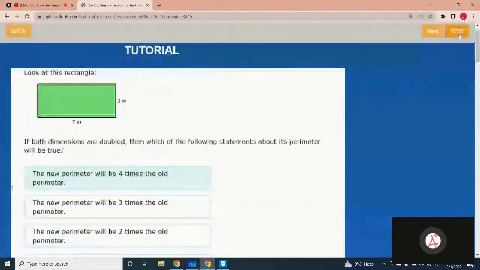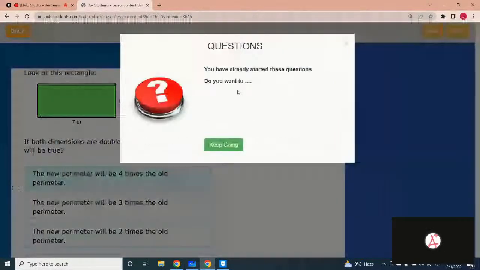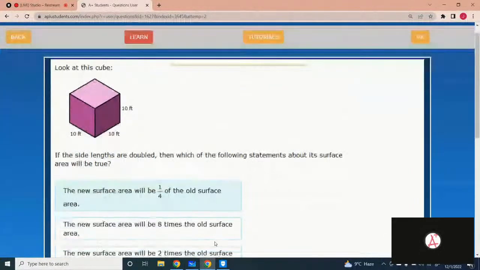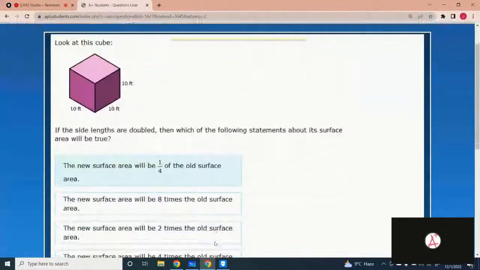Okay, let's start with the test questions. Look at the cube. If the side lengths are doubled, then which of the following statements about the surface area will be true?